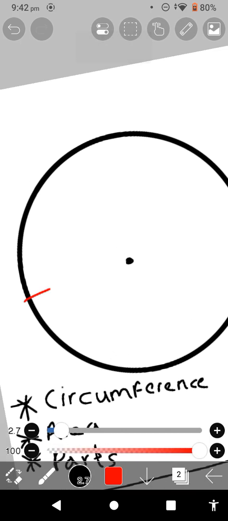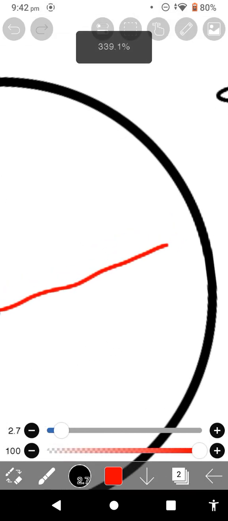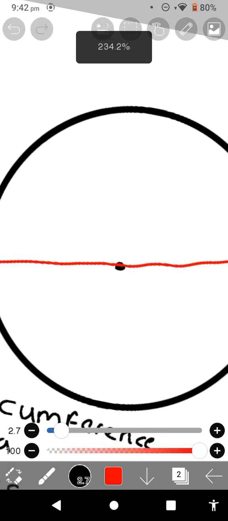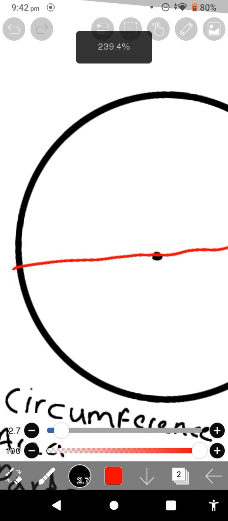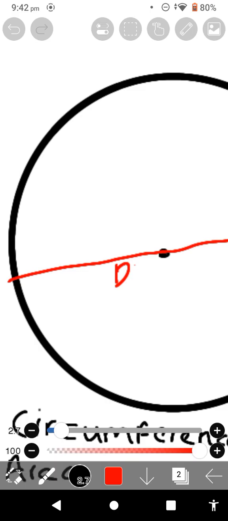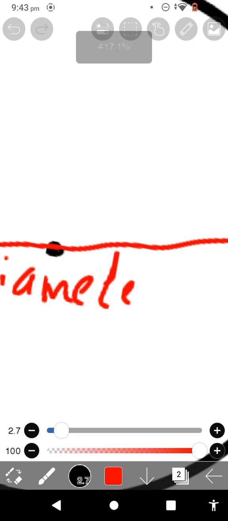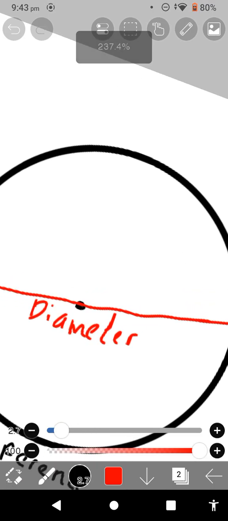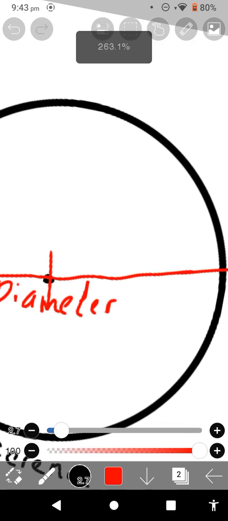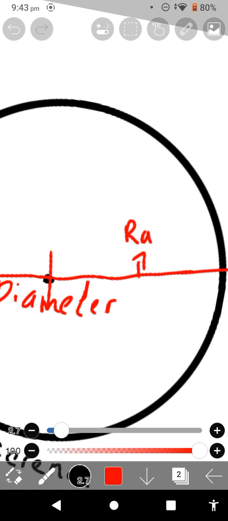So this part is the diameter, and half of a diameter is the radius.